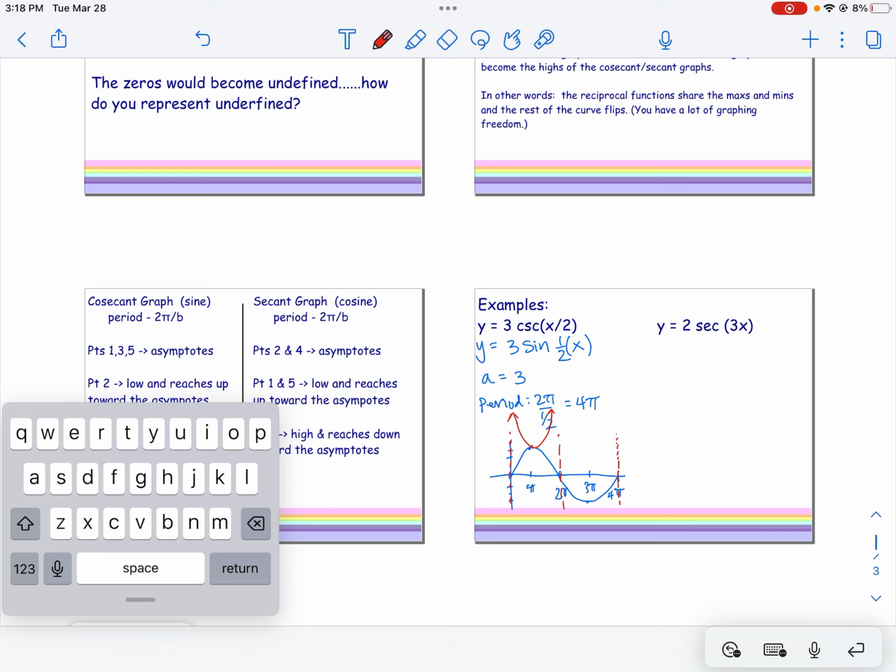And then I'm going to take the low point of sine and make that the high point of the cosecant curve. And so that, in red, is the graph of 3 cosecant x over 2.